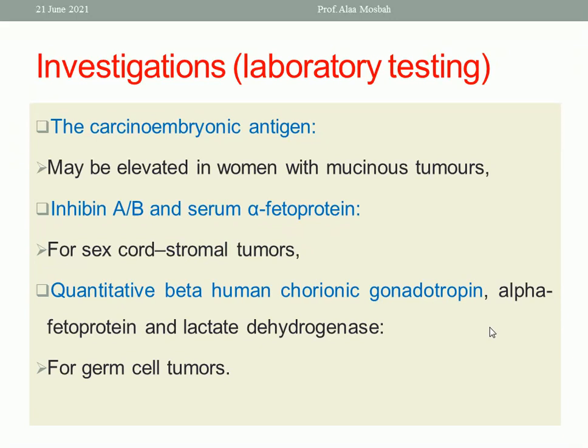So, as you see, each type of tumor has its tumor marker, and the commonest, if we wanted to do one tumor marker, we are going to do CA125, as I mentioned before. Why? Because it is produced by the epithelial tumor, which is the commonest malignant ovarian tumor.